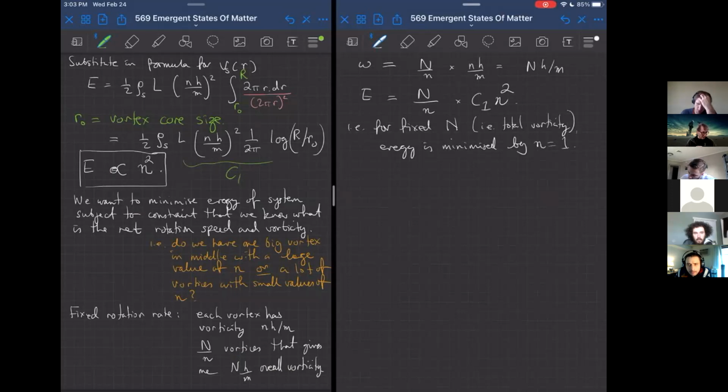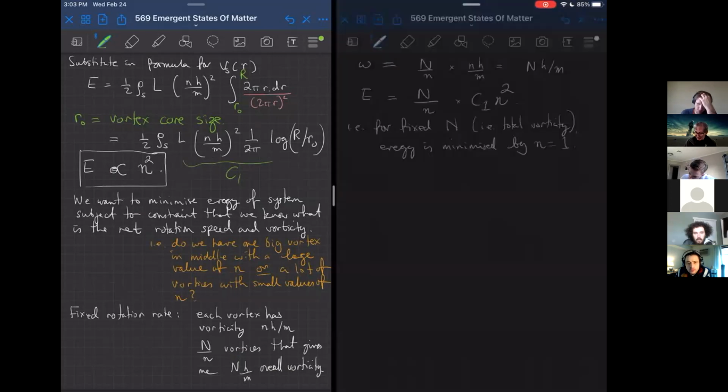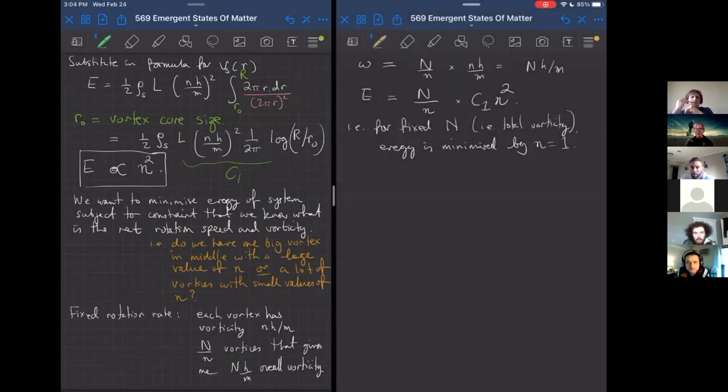So the answer to our question then is very simple. If I have a superfluid that is rotating, it preferentially will organize into a whole bunch of vortices with the lowest possible quantum of circulation, rather than one big vortex. So the answer is over here.